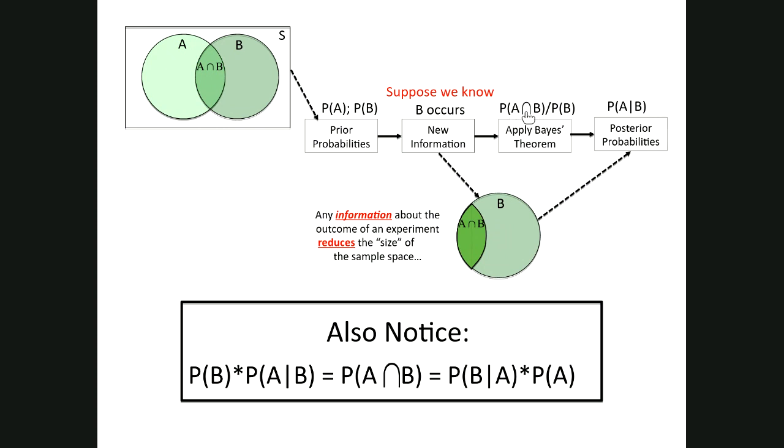It's the probability of the intersection of A and B divided by the probability of B, where the intersection represents this area, and of course the probability of B represents all of B inclusive. So that's where that ratio derives from.